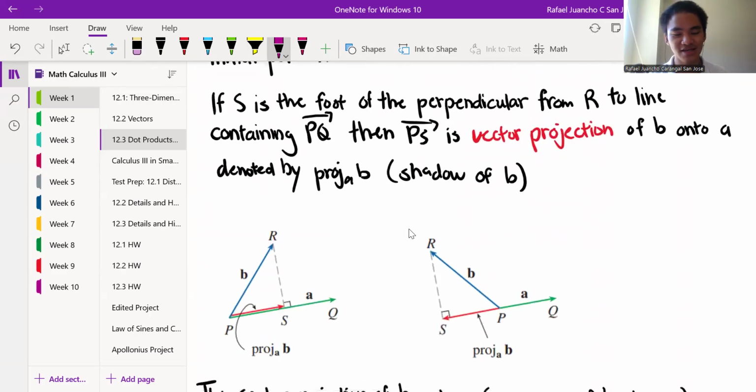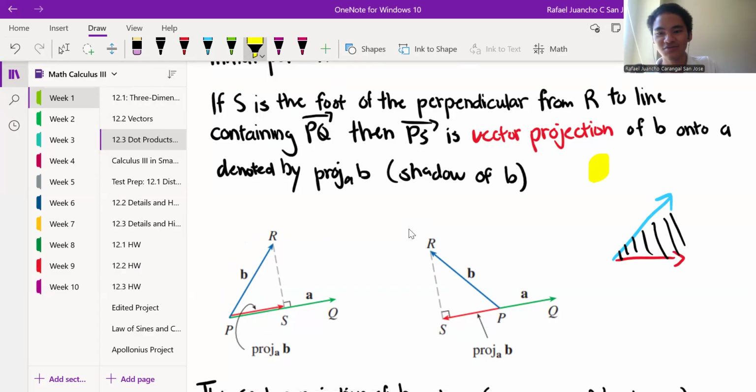And this is the idea of, let's say you have a vector B here, this vector B, and you basically have some sort of shadow, which is this red vector. And it's the same idea in this example here. So when we have that vector that goes up, we have this red vector that goes down. This is like a shadow, right? Let's say there was a sun and it's kind of pointing there.